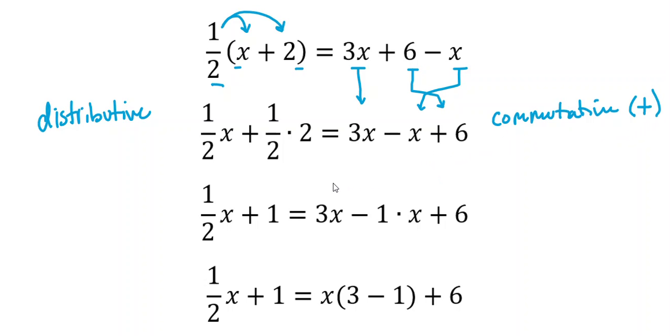Okay, now let's go from the second line to the third line. What happened here? So again, we have 1/2 x, and that stays 1/2 x. And we have 1/2 times 2, and that turned into 1. So 1/2 times 2 was replaced with 1. And you can always say the substitution property, because that's what we did. We substituted something for what it equals.